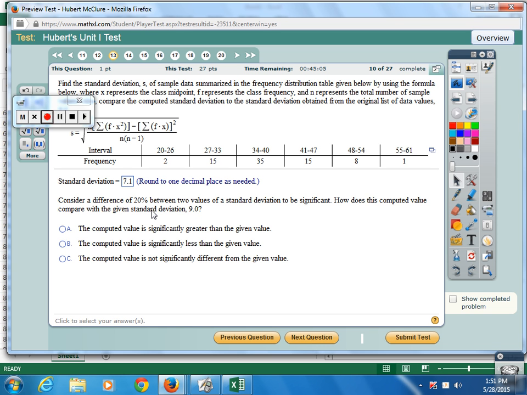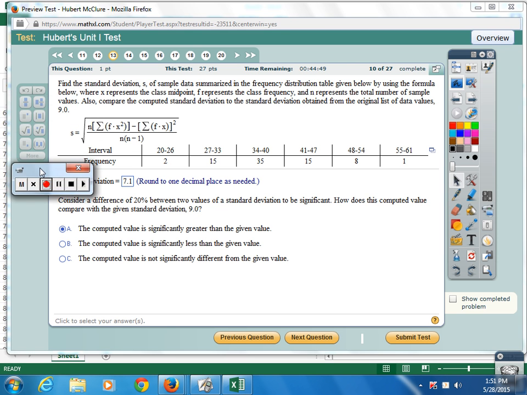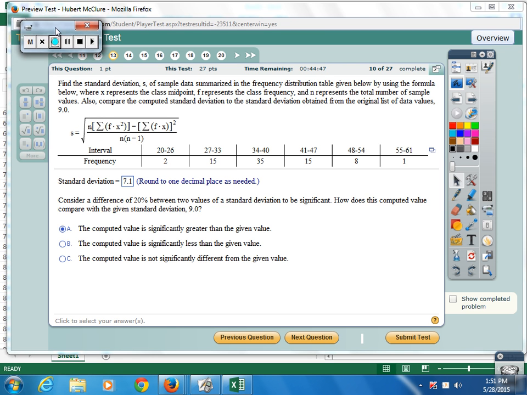Which one is it? I don't know. Because I don't know where they're pulling that 20% out of the blue. I don't know where they're pulling that out because they haven't given us anything. Hold on. Well, some of these questions I don't take off points for.